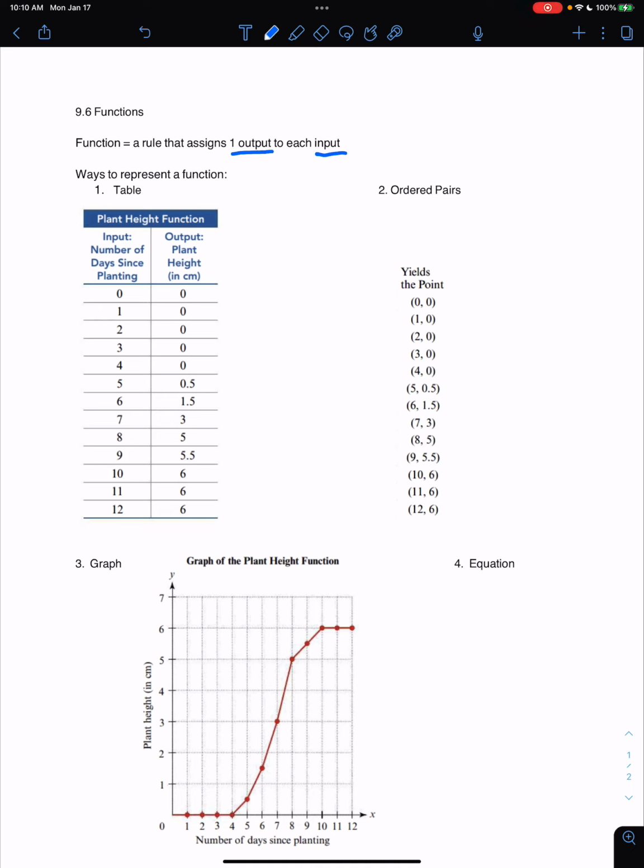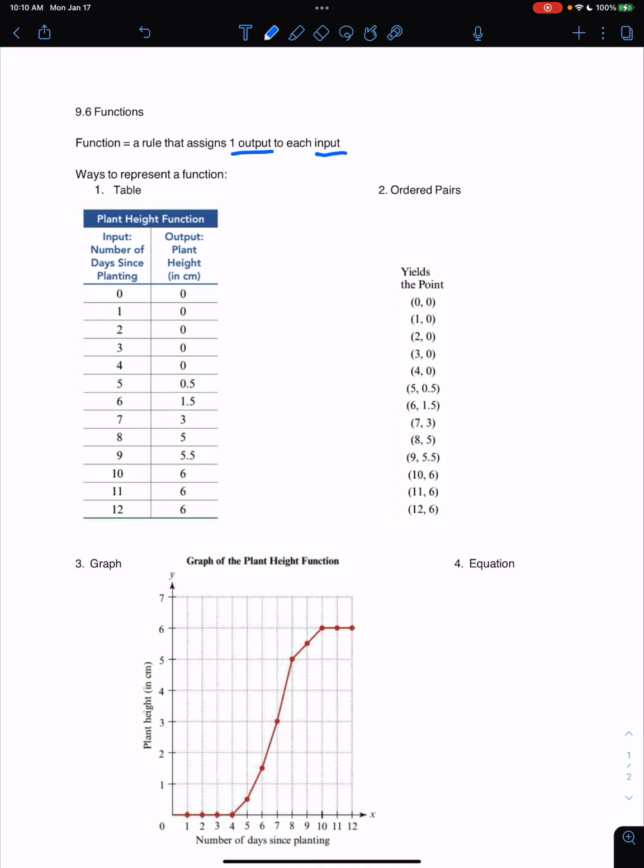So we can represent a function in multiple ways. I have some of them on the screen here for you. We can represent a function as a table. Here I have a function that represents the height of a plant based on the number of days since planting.